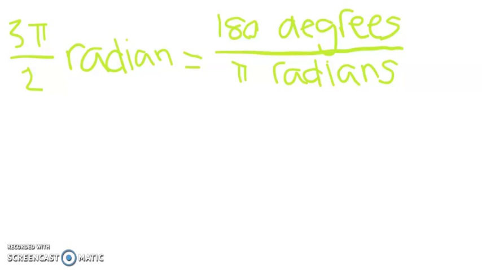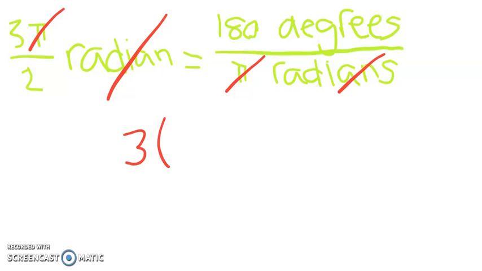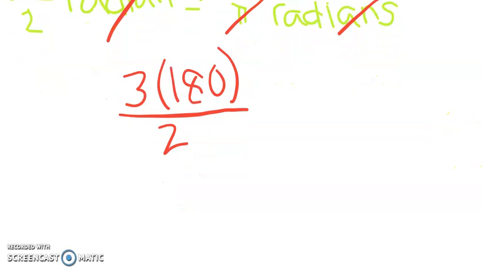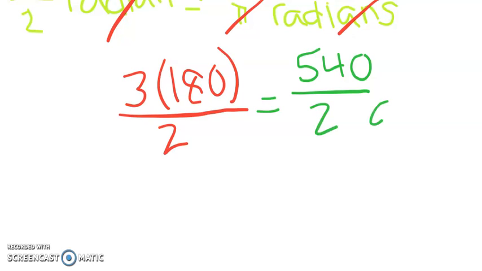Now, if you notice, we can cancel out the radians, and we can also cancel out the pi, which will be left over is 3 times 180 over 2. Now we use this to figure out how many degrees is in 3 pi over 2 radians. So 3 times 180 is equal to 540 over 2 degrees.